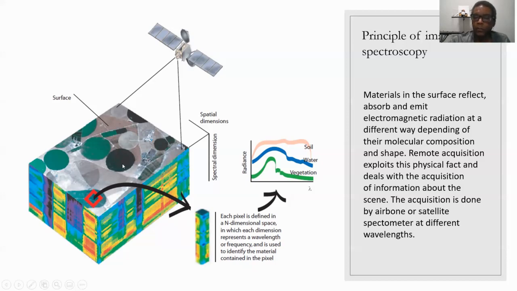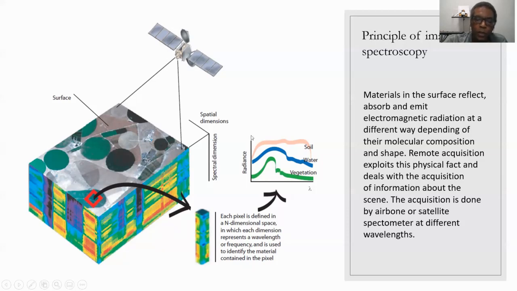Remote acquisition exploits this physical property and deals with the acquisition of information about the surface. The acquisition is done by an airborne or satellite spectrometer at different wavelengths. As we can see here in the figure, we have a satellite pointed at the surface.